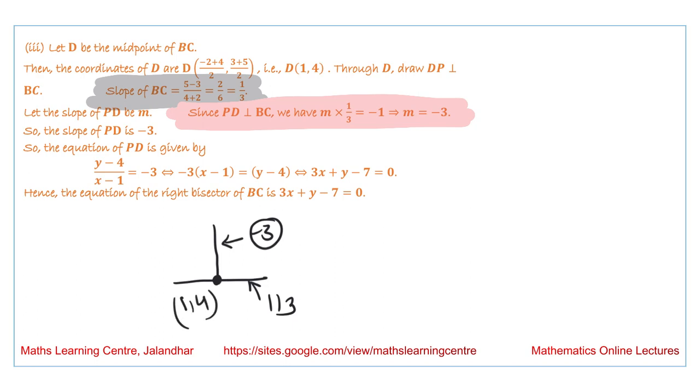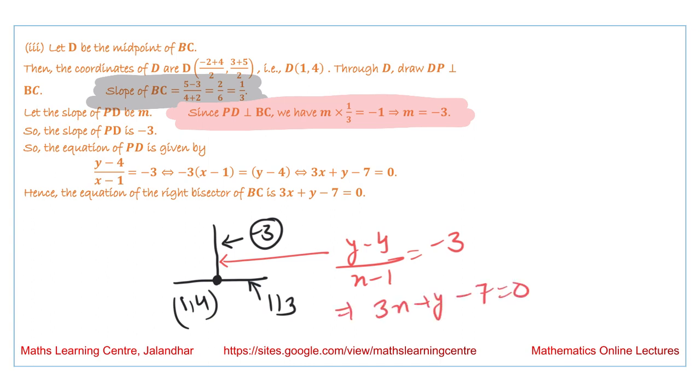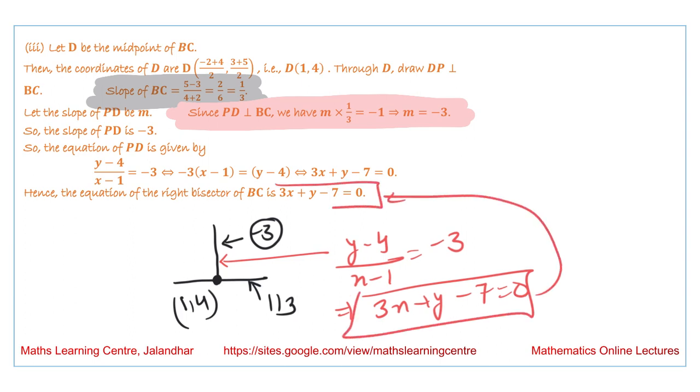So the equation of this perpendicular is (y minus 4)/(x minus 1) equal to minus 3. This implies 3x plus y minus 7 equal to 0. This is the equation of the right bisector of BC.